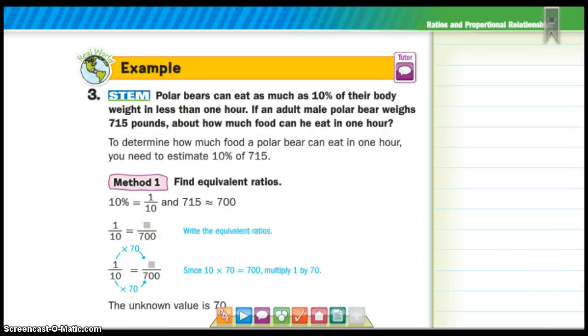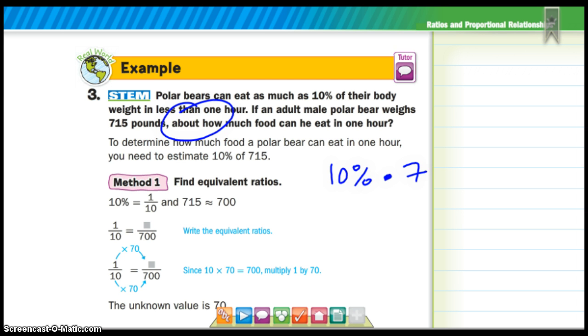Alright, so now we have a real world problem. Polar bears can eat as much as 10% of their body weight in less than 1 hour. If an adult male polar bear weighs 715 pounds, about how much food can he eat in 1 hour? So I have 10% times, whoops, I don't want to use the X. I'm going to use the dot.